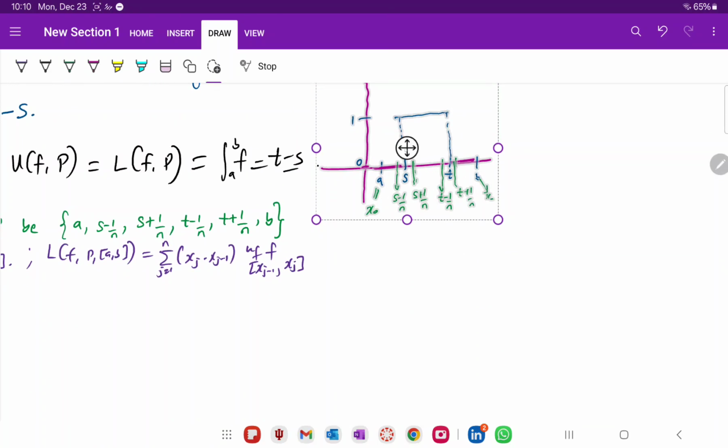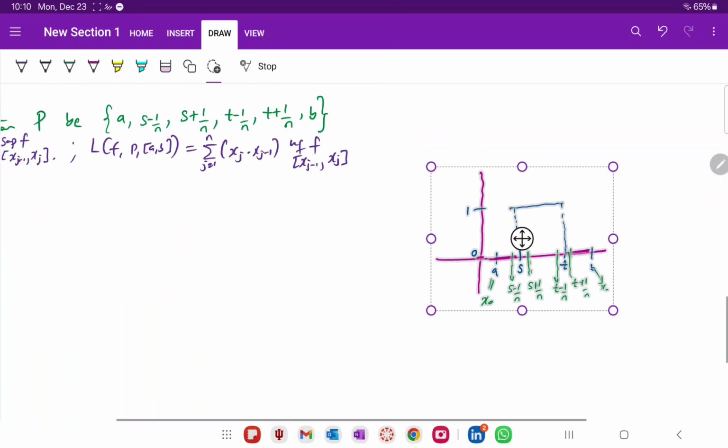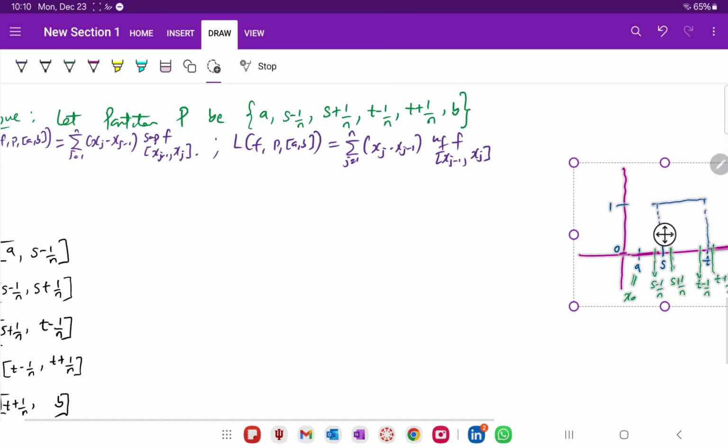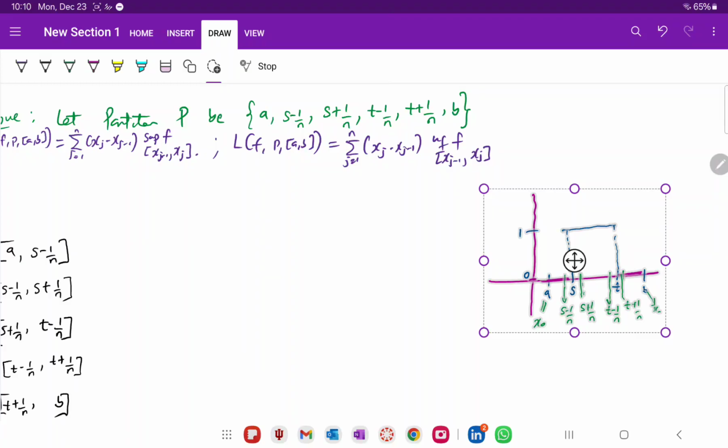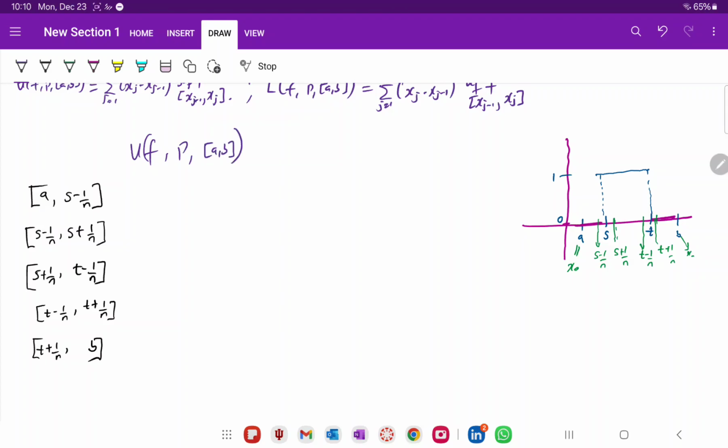Okay, so let's see what happened on this interval. Let me put the upper Riemann sum here, and then I'll put the lower Riemann sum here. And don't forget the definitions.